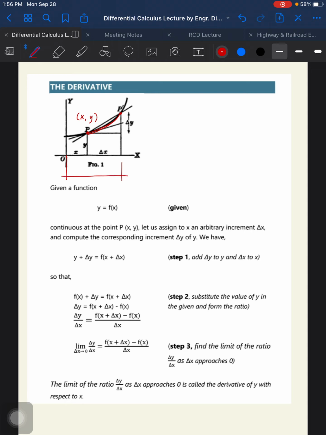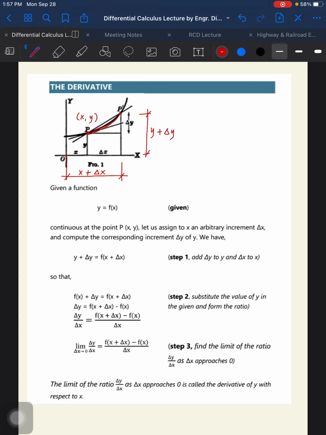If your point P has a location of x, for your P prime, it has the location x plus delta x. Now, how about for the location at the y-axis? For the y-axis, we just have y plus delta y. So, that is step 1.